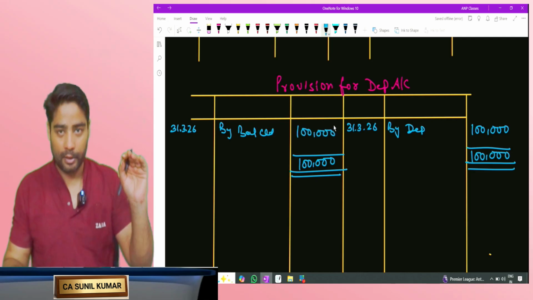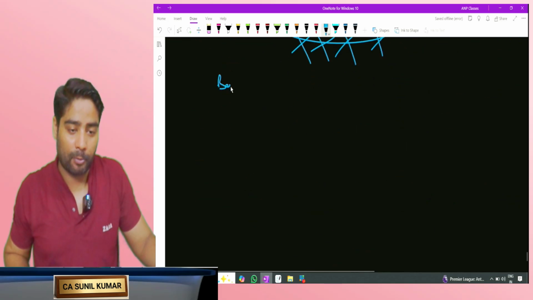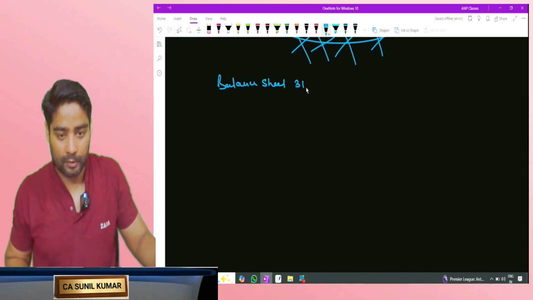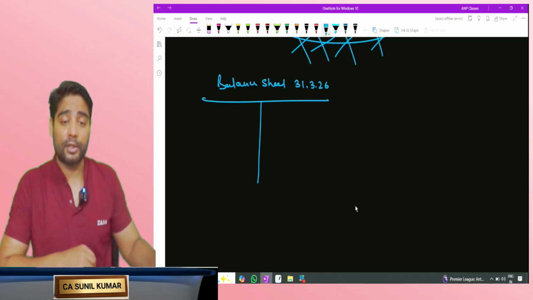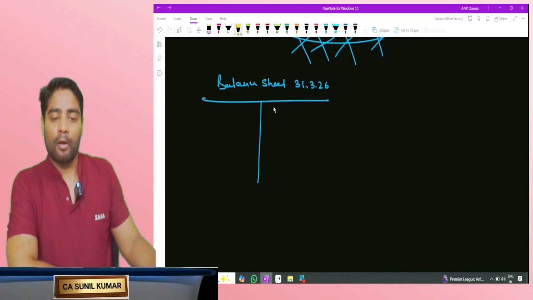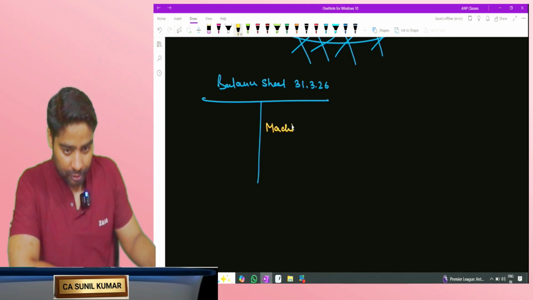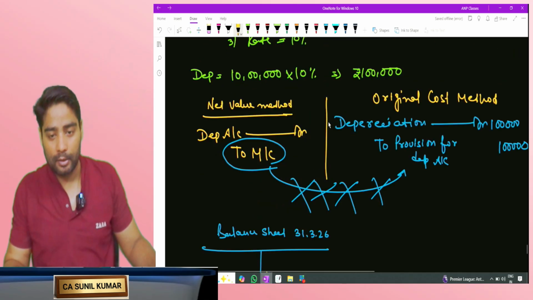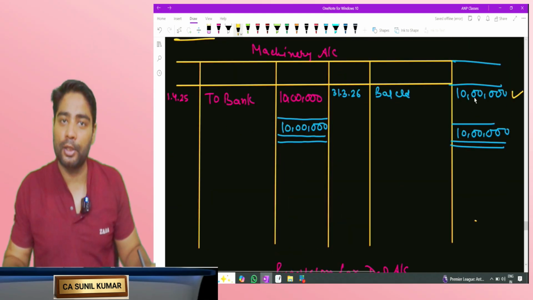Okay, it was easy. Now, if we prepare the balance sheet on 31st 3 26, what do we show on the asset side? At which value shall we show the machinery account? Check the balance of the machinery account: 10 lakh.